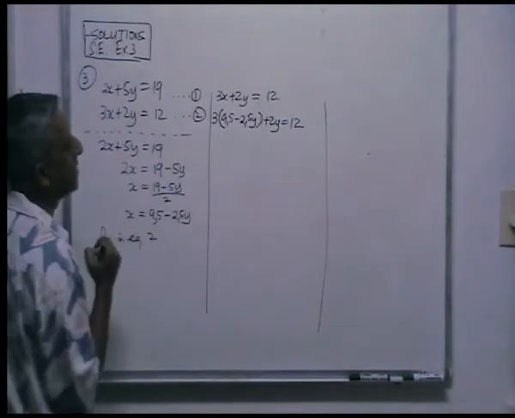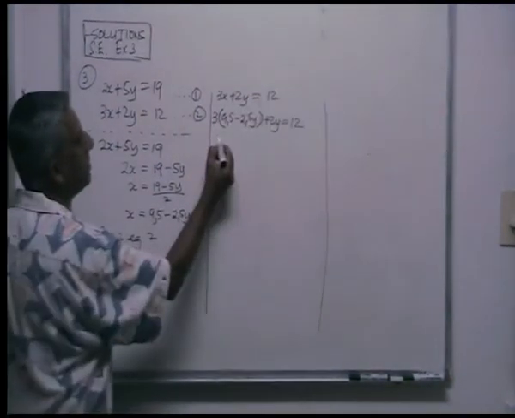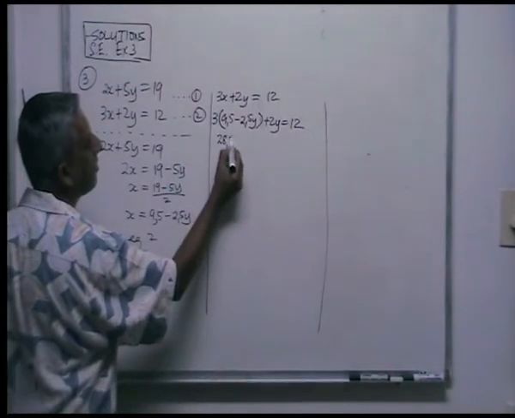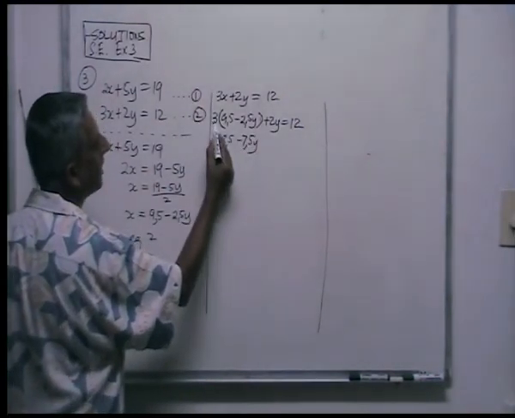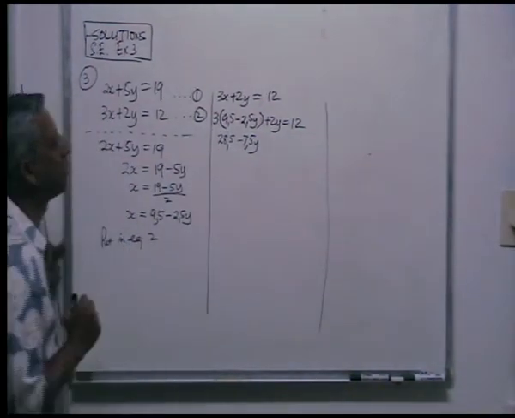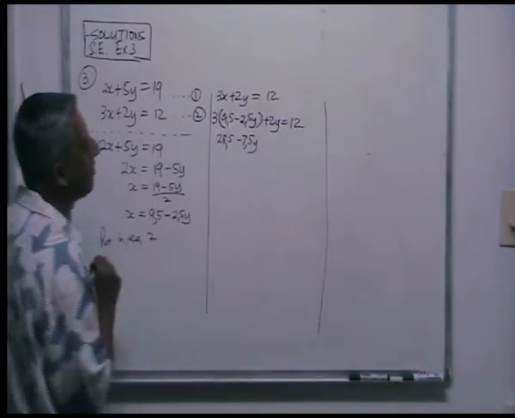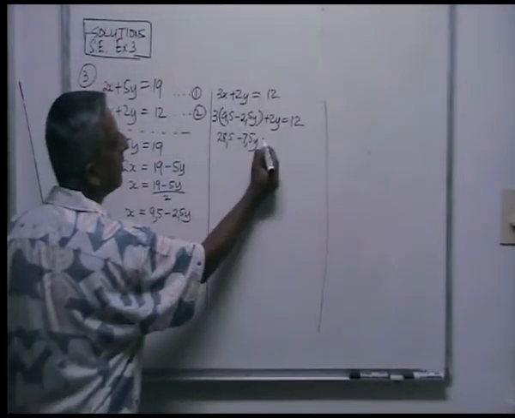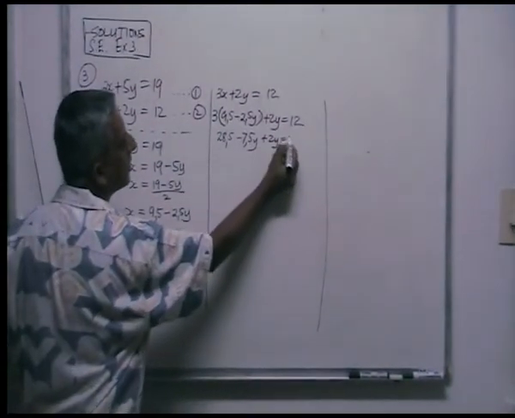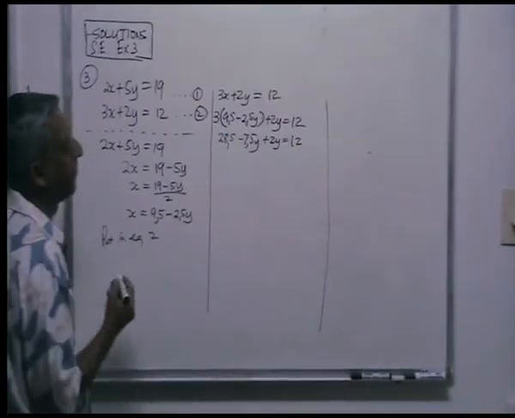And then 3 times 9,5, you'll get 28,5. 3 times minus 2,5 will give you minus 7,5y. Plus 2y is equal to 12.